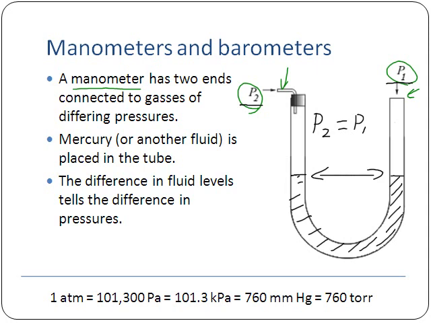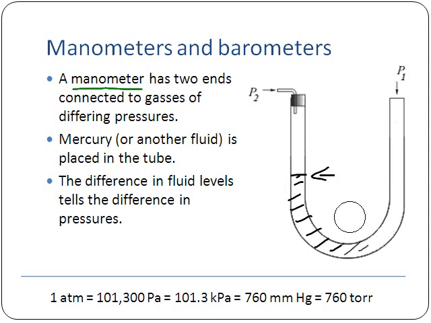Let's say that instead of the fluid levels being equal, we set it up with P2 and P1 and find fluid levels like this. The level on the P2 side is higher than the level on P1.